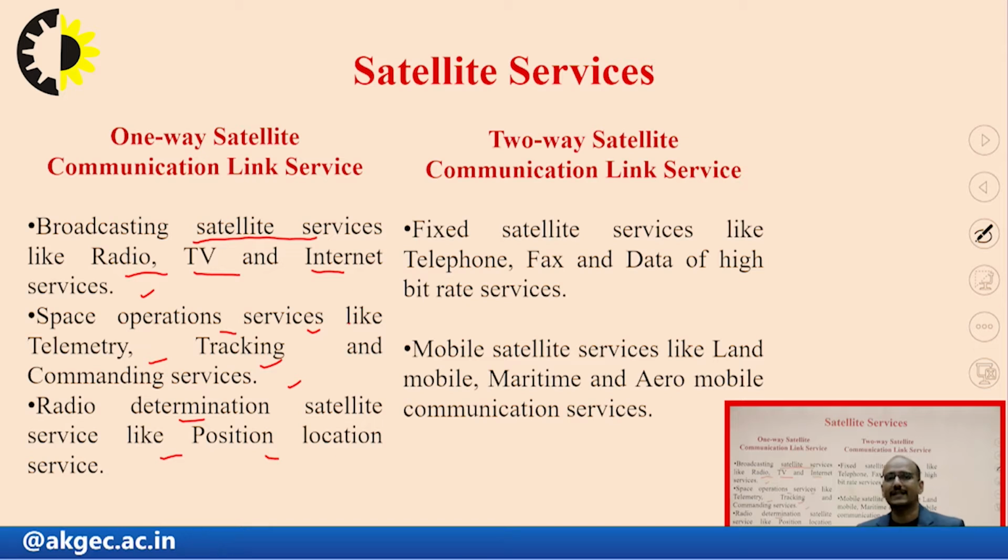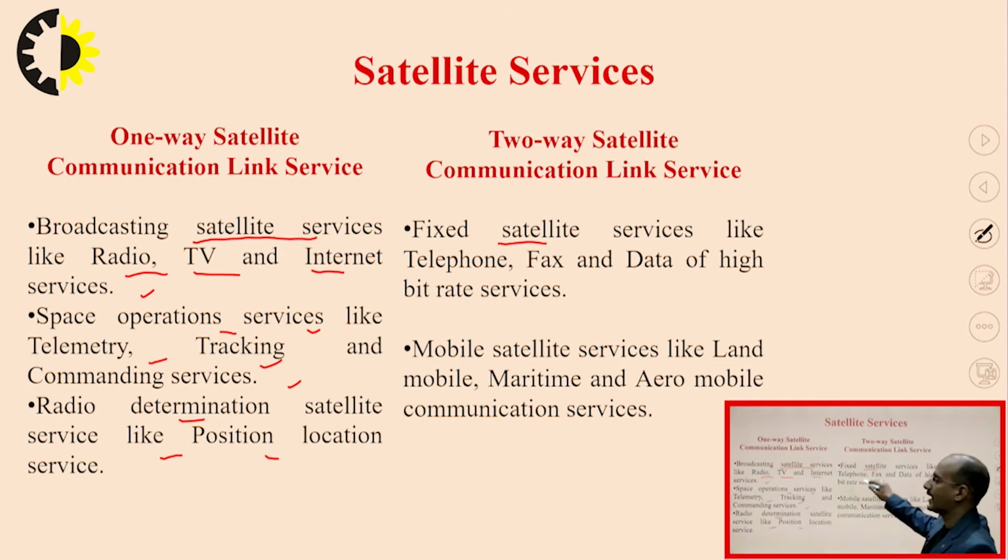In two-way satellite communication links, we use fixed satellite services like telephone, fax, high bit rate data services, or mobile satellite services like land mobile, maritime, and aero mobile communication services. So these are the two basic types: one-way satellite link service and two-way satellite link service.